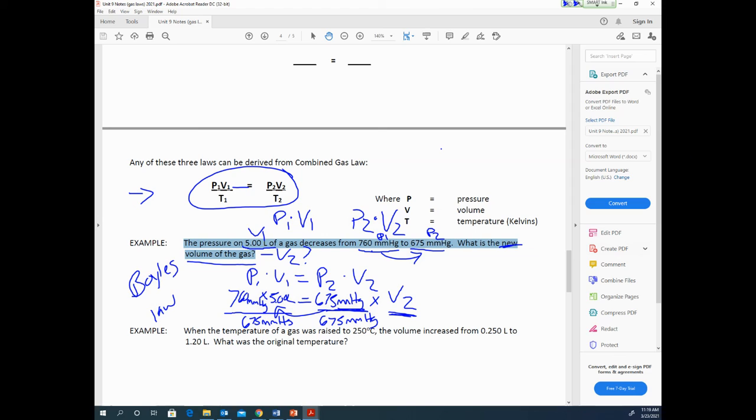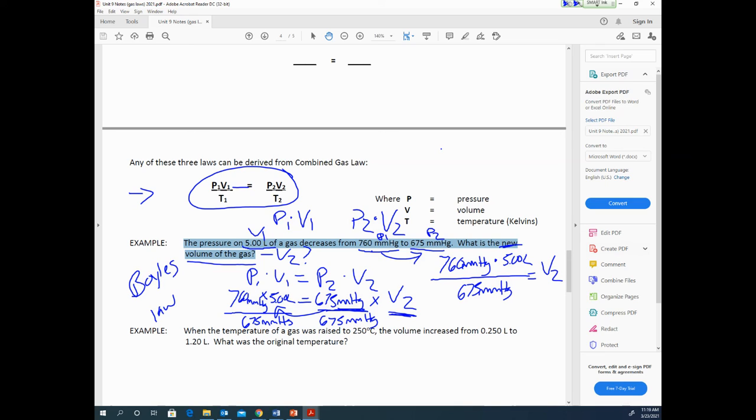So my new problem is 760 mmHg times 5.00 liters divided by 675 mmHg equals my V2, and that's what I'm looking for.